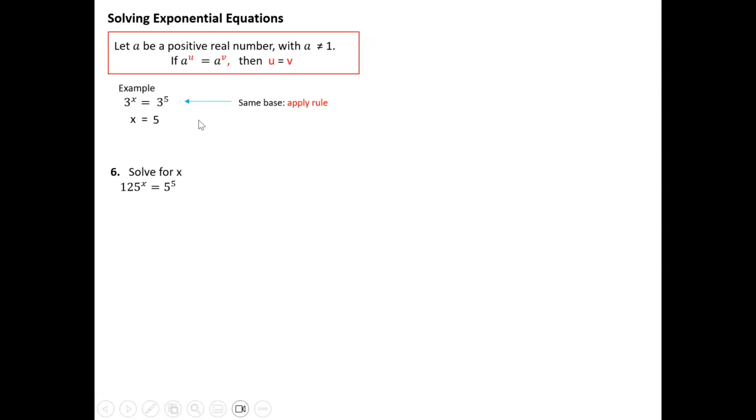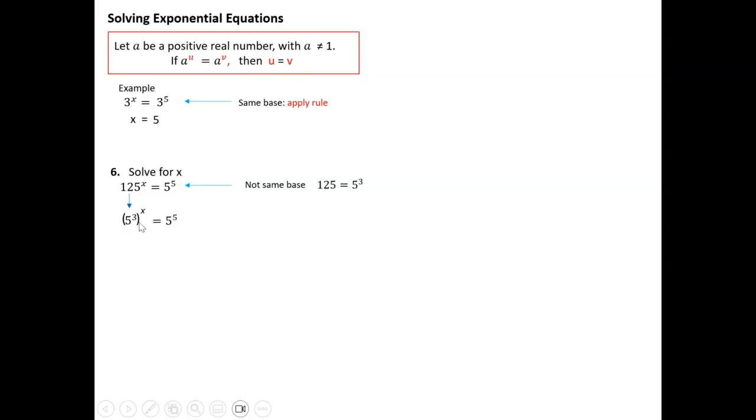Okay, but not every time will the bases be the same. So at times, you're going to see if you can make the bases equal to each other. In this case, we can, because 125 is equivalent to 5 to the 3rd power. So I'm going to substitute 5 to the 3rd power for the 125.